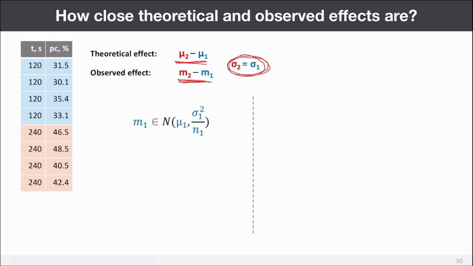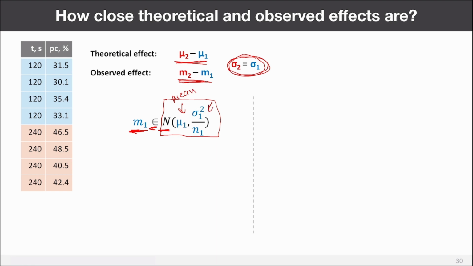Now let's recall again that the average of the first sample came from a normally distributed population. So this is just a short way to write that this value is from a normally distributed population. And these are parameters, right? This is the mean, the average, and this is the variance.